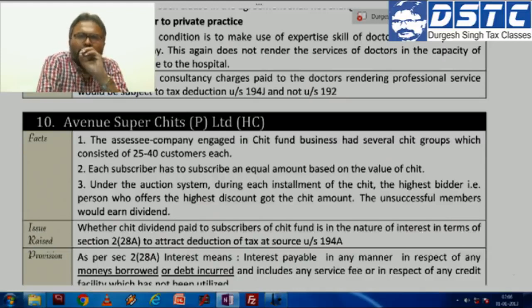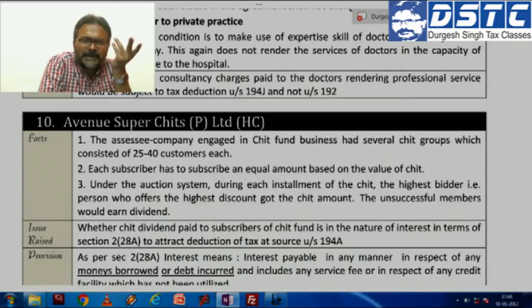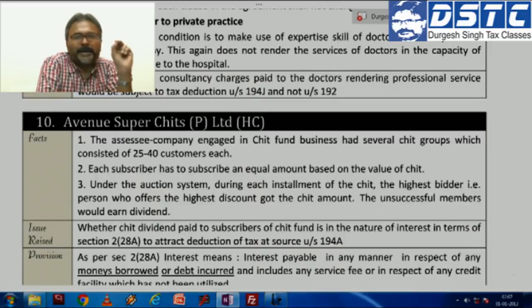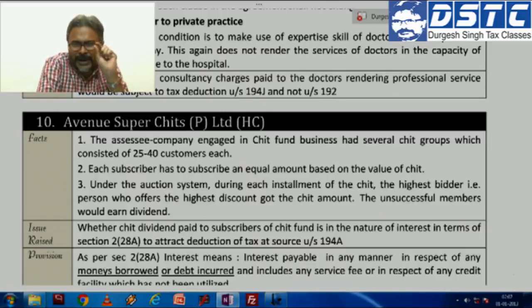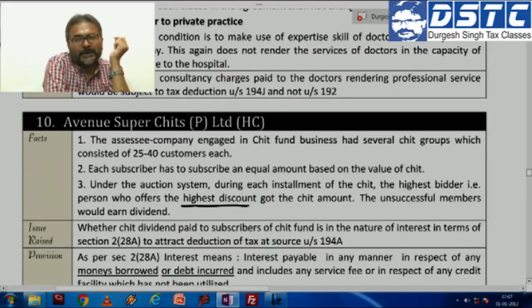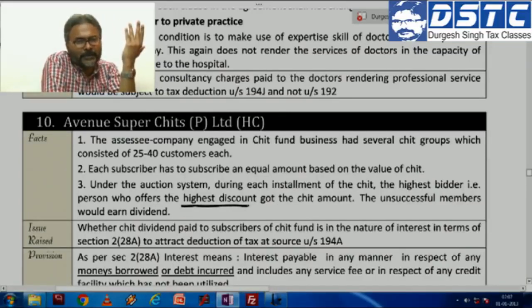Now the bidding will take place, and the one who wins is the lowest bid. So here the game is the lowest bid, meaning the one giving the highest discount gets the chit amount. Chit amount means the bid amount.